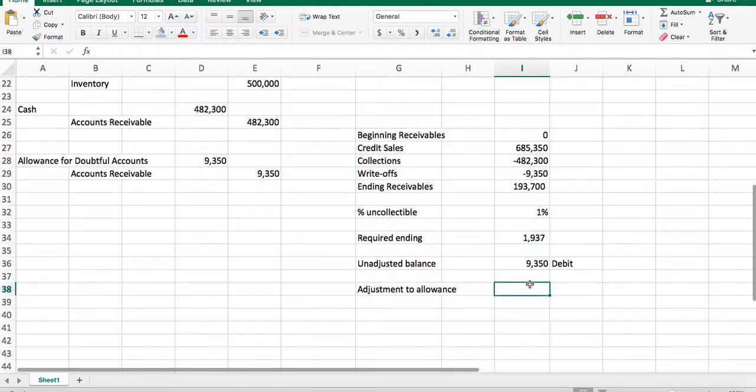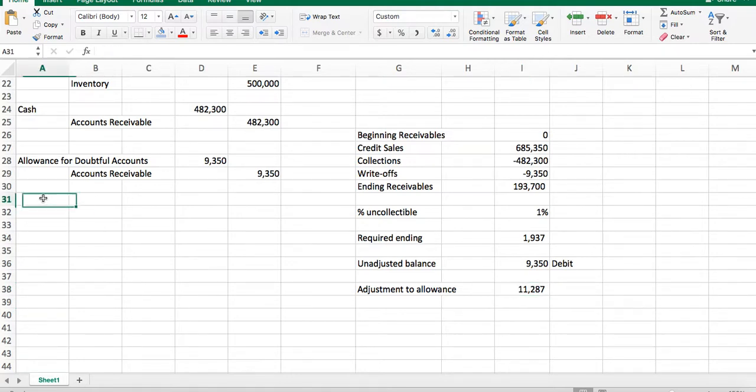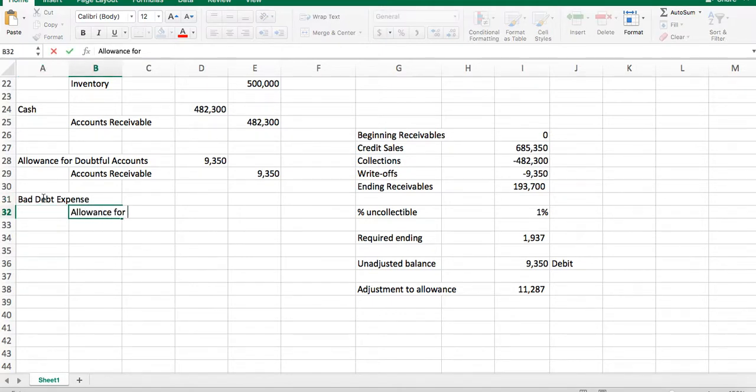So what we have to do is an adjustment, and in this case, we'll add the two together. If this was a credit balance, we would subtract, but because it's a debit balance, we have to add those together. And so we have our bad debt expense, and we have the increase to our allowance for doubtful accounts.